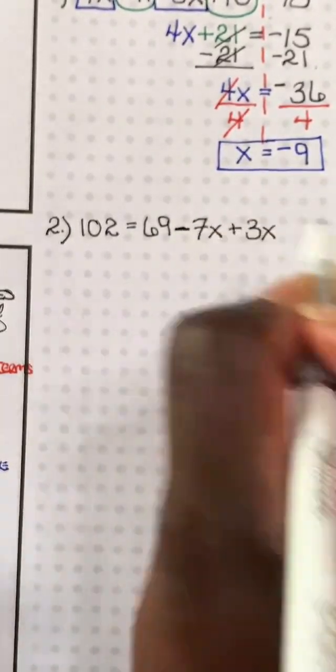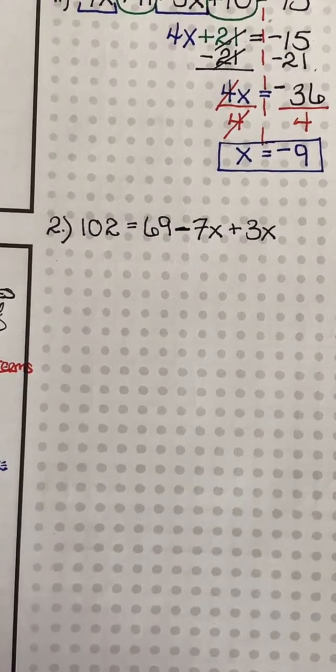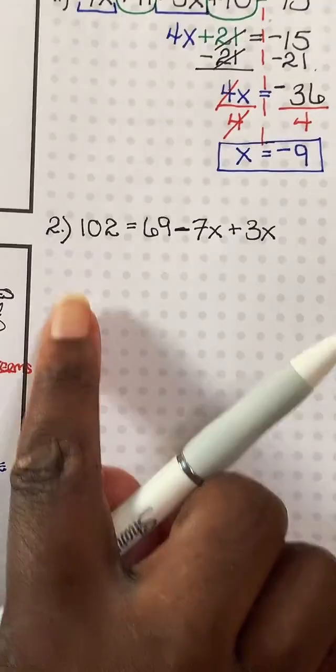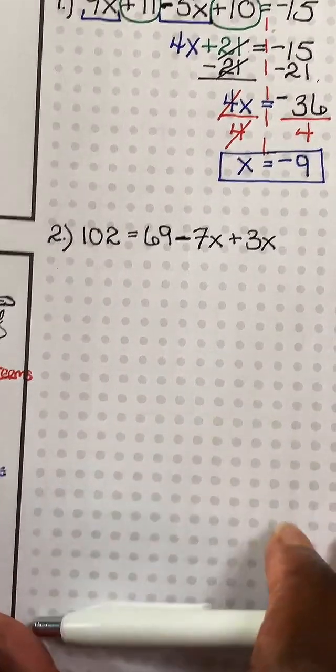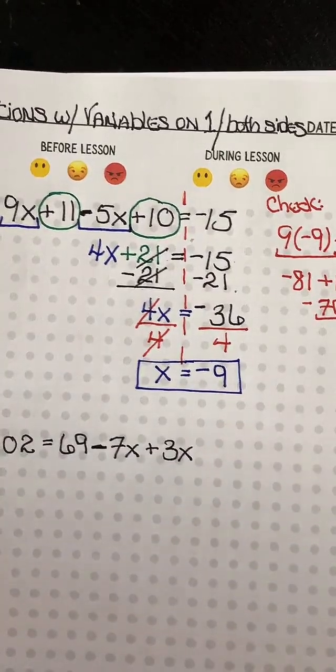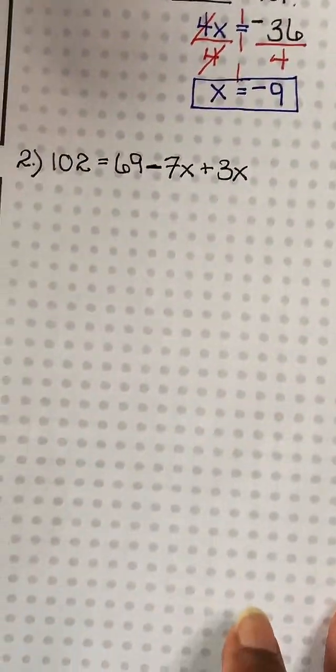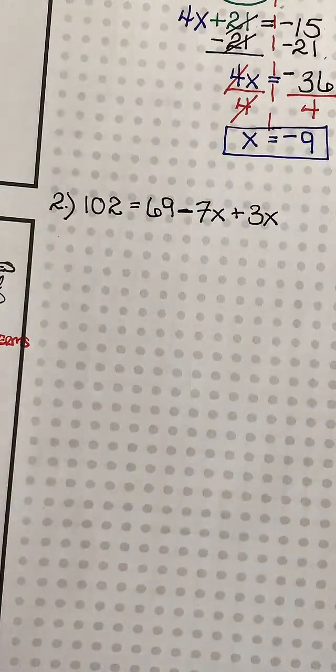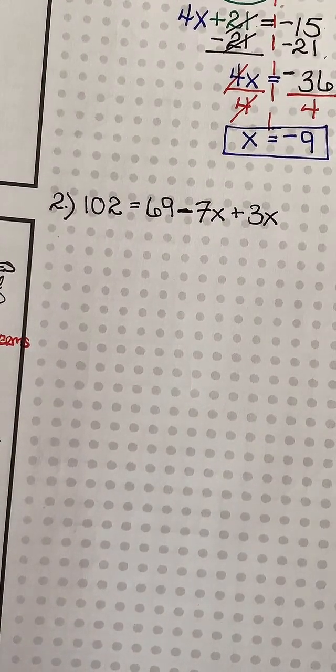I'm doing this on purpose. I'm trying to show you it doesn't matter where that equal sign is. The equal sign could be over here more to the left, or just like the previous one, the equal sign could be more towards the right. No matter what, our goal is to isolate the variable.